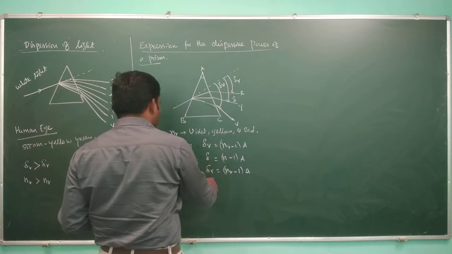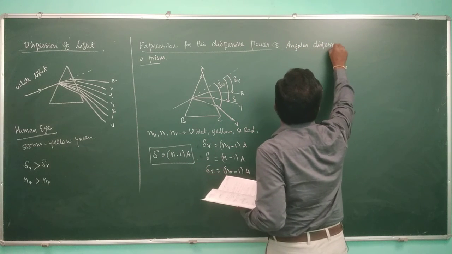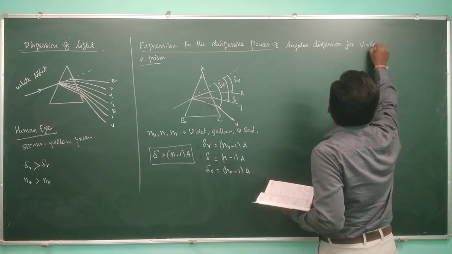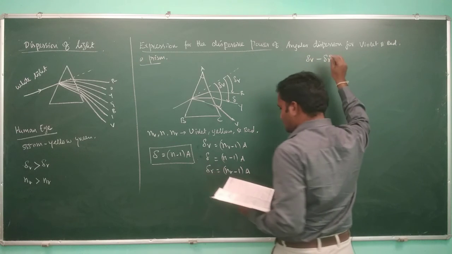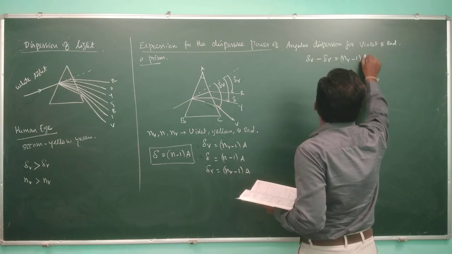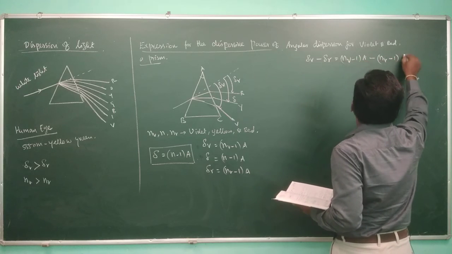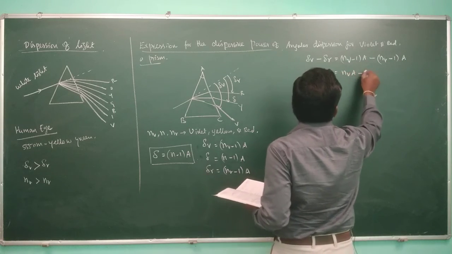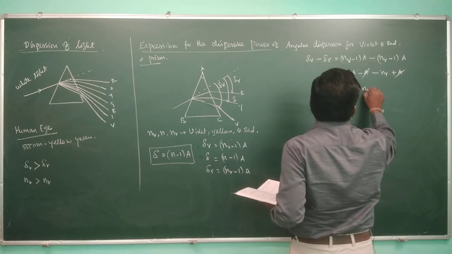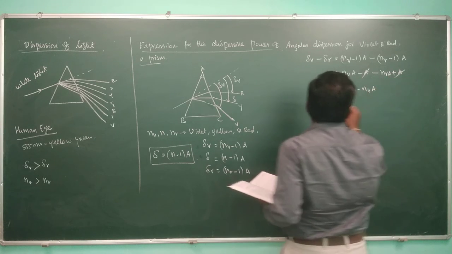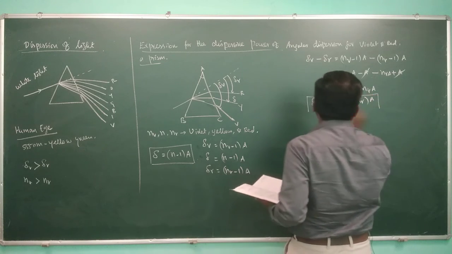Now we can write the angular dispersion for violet and red, delta V minus delta R, which is (NV minus 1) into A minus (NR minus 1) into A. If we expand that, NV into A minus A, NR into A plus A, the A terms cancel out, or you can write (NV minus NR) into A. That is the angular dispersion between violet and red color.